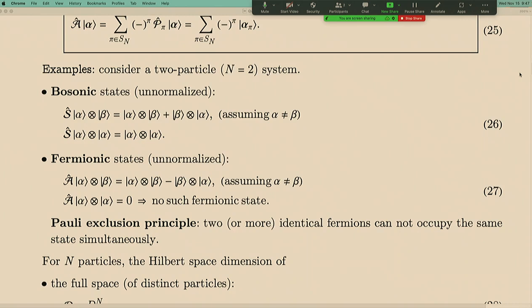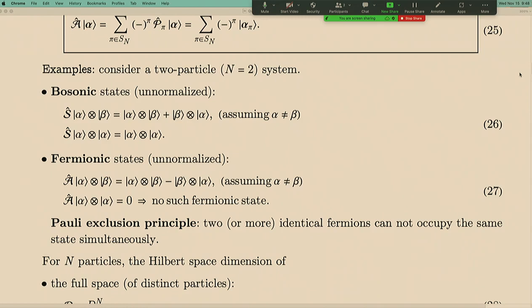That means there's no such basis state in a fermionic system that has two fermions occupying the same state, because this state was supposed to mean that the first particle is in alpha state, the second particle is also in the alpha state. But it's not possible to have such a state in a fermionic system, and that is self-evident by the fact that if you apply the anti-symmetric operation to construct the fermion basis, this construction automatically fails for you.